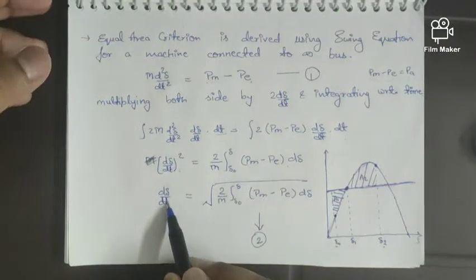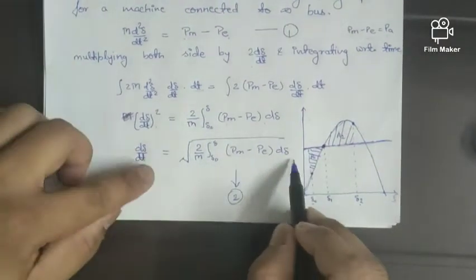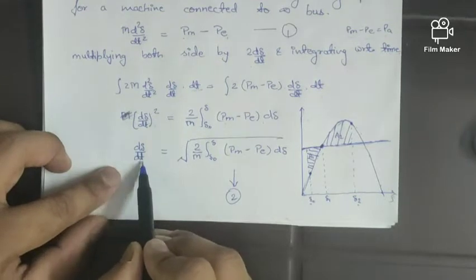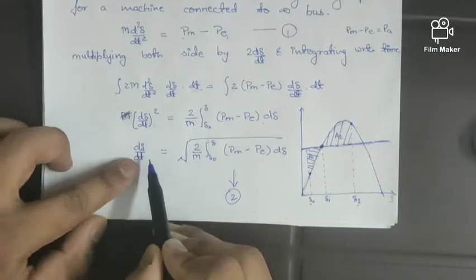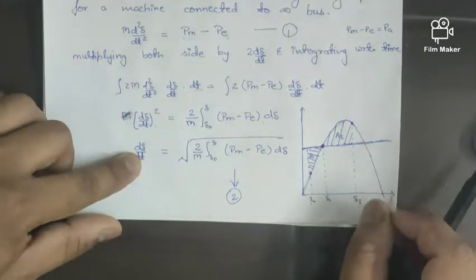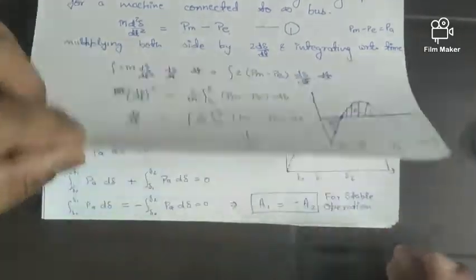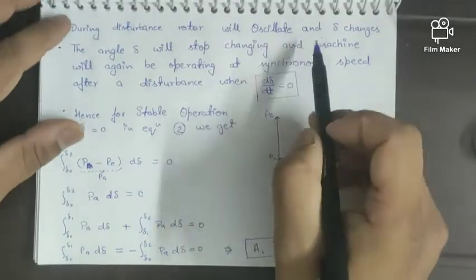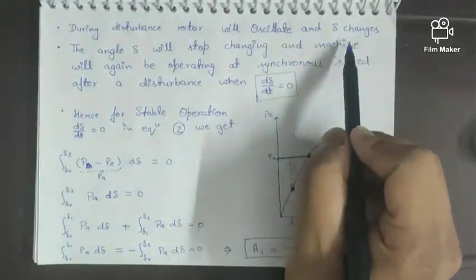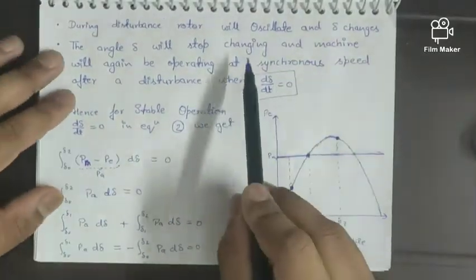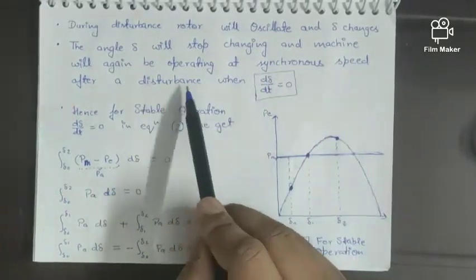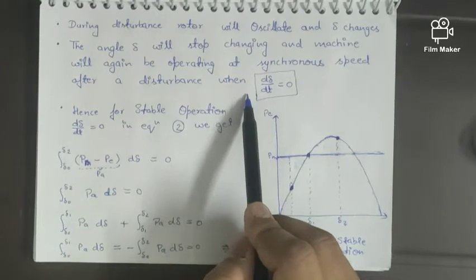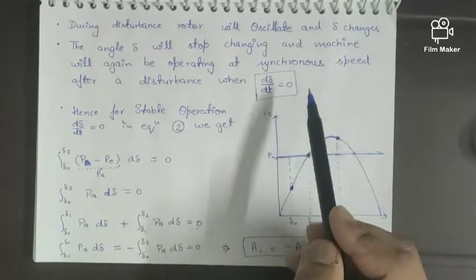So from here we will get d delta by dt equal to this expression. After that, to achieve stable operation, this d delta by dt should be equal to 0, so we will put 0 and get a condition here. During this disturbance the rotor will oscillate and delta changes. The angle delta will stop changing and the machine will again be operating at synchronous speed after the disturbance when d delta by dt is equal to 0.